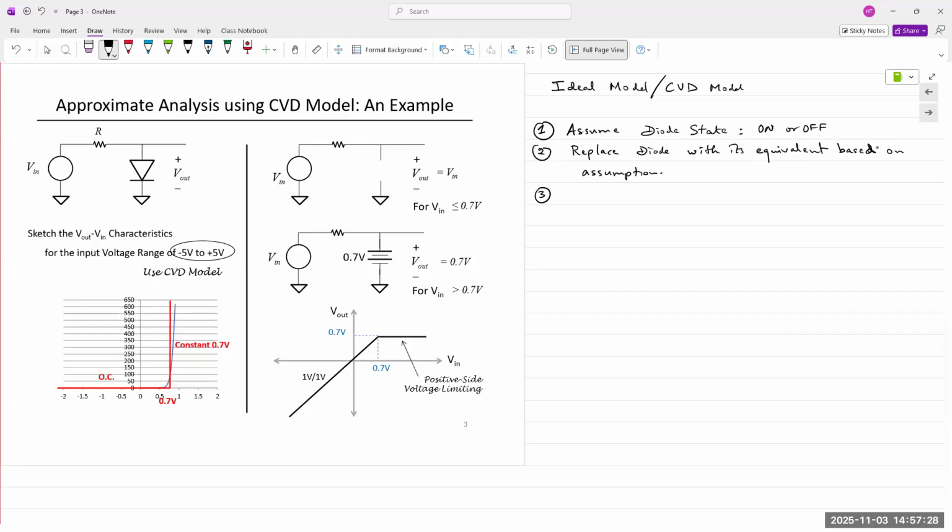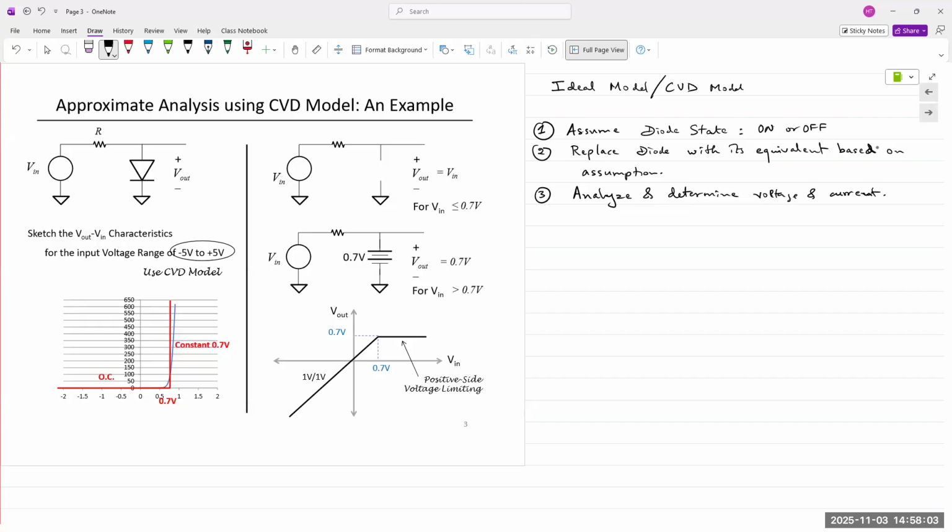Then you analyze and you determine the voltage and current. Meaning if you assumed on, then the resulting current must be positive or greater than 0, and the resulting voltage must be equal to 0. If those two conditions are not met, then your assumption is incorrect.